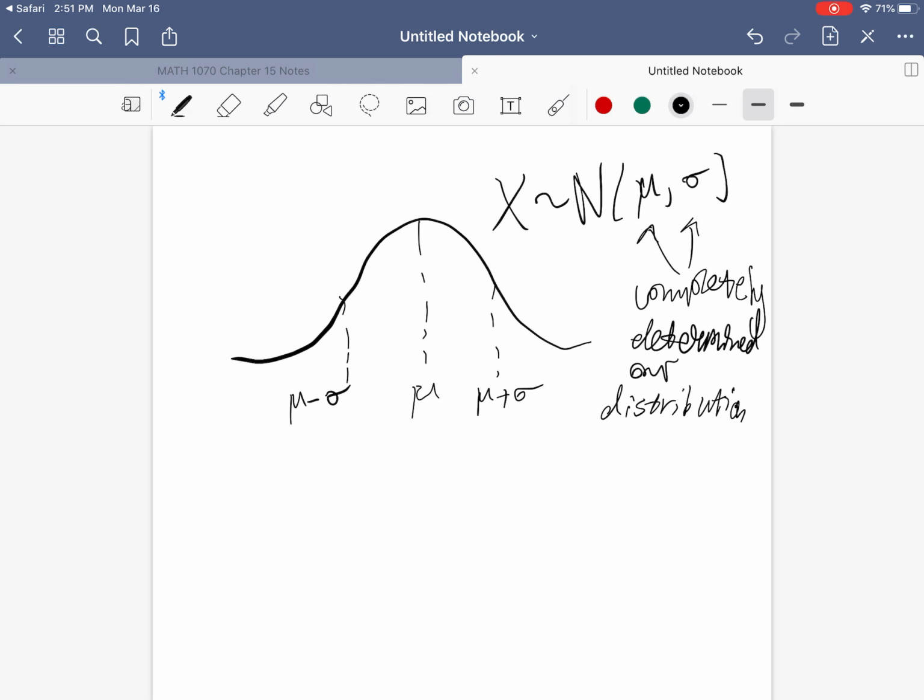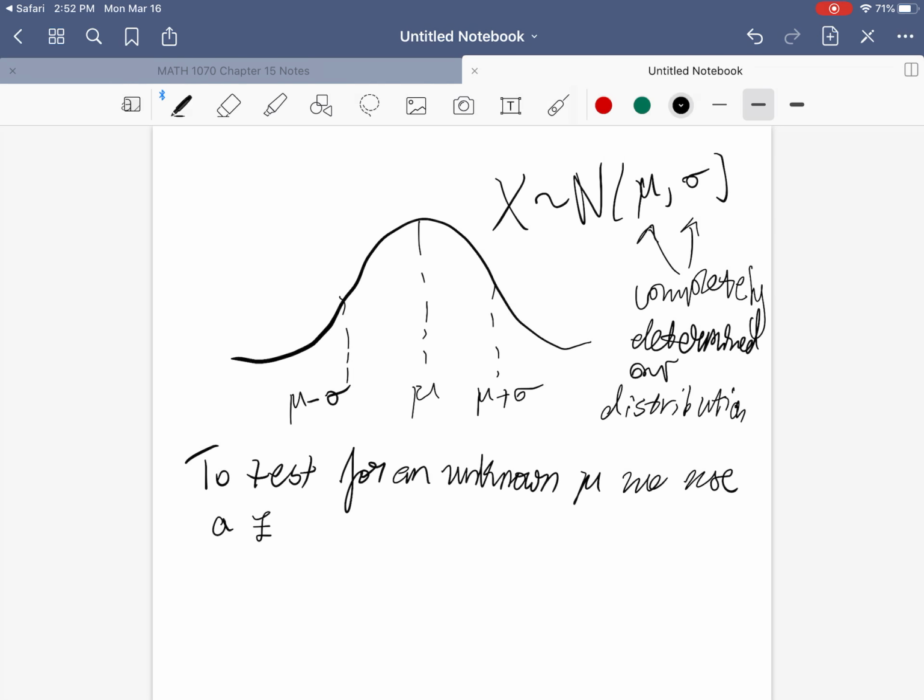And we know that to test for an unknown mu, we want to estimate the mu for some population, we use a z-test, as we've called it.